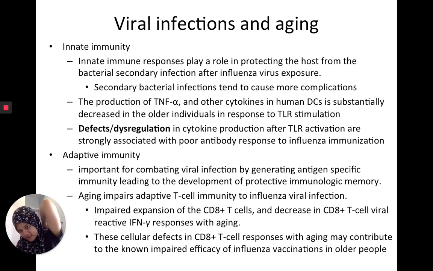It's a developing area, but what people have observed is, for example, for T-cell immunity in flu infection, your CD8 T cells are impaired. You don't have as many CD8 T cell viral reactive interferon gamma responses as you grow older. And so this also may be a reason why when you try to vaccinate older people, they actually don't mount a good enough response.